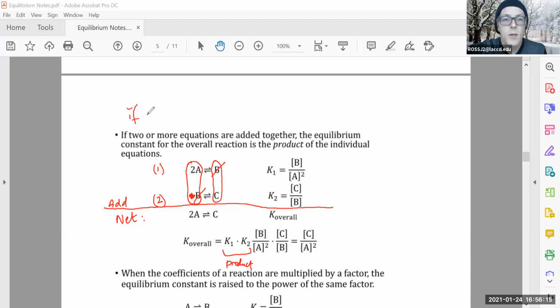So if you add chemical equations, then you take the product of equilibrium constants.